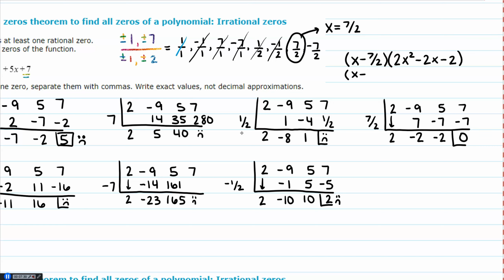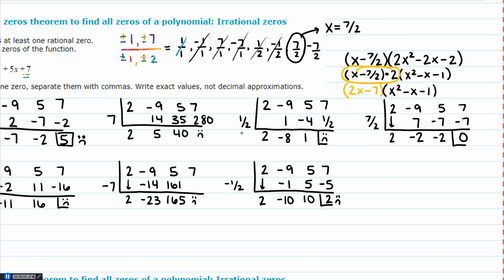So I have x minus 7/2 times 2, and then x squared minus x minus 1. And what I am going to do is now I'm going to put these guys together. So 2 times x is 2x, and 2 times -7/2 is -7. And now the other factor is x squared minus x minus 1.